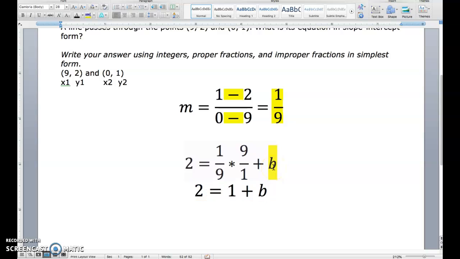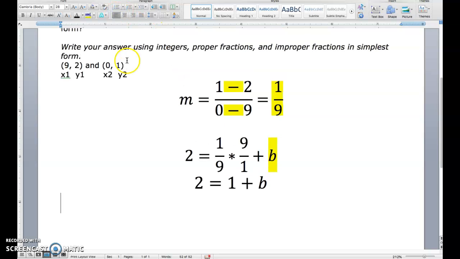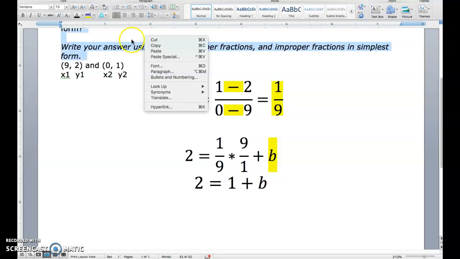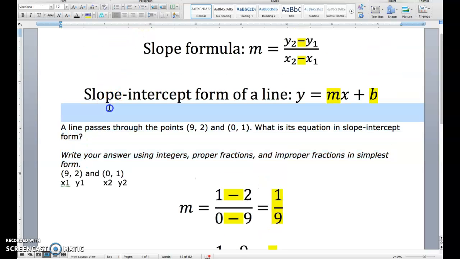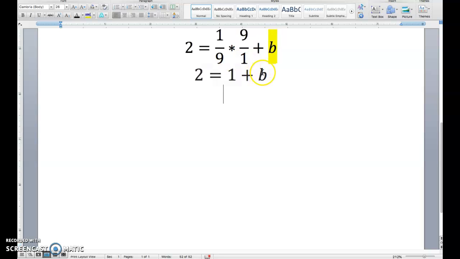Cool. Now, I need to do, let me see. Okay, this is positive 1, so I need to get b on its own. So I need to get rid of positive 1 on this side.